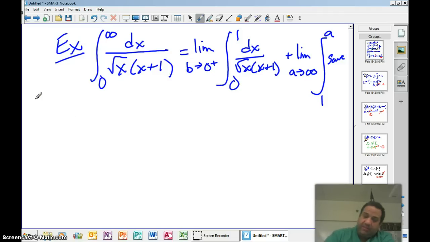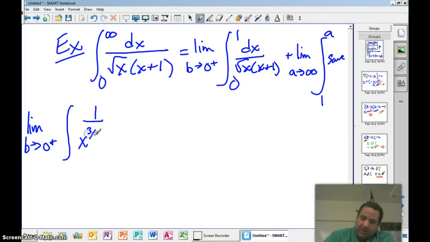So this really becomes, if I'm right, the limit as b goes to 0 from the right. And now this is going to be 1 over, I'll distribute, so I'll get x to the 3/2 plus x to the half power. You like me choosing these nice numbers.